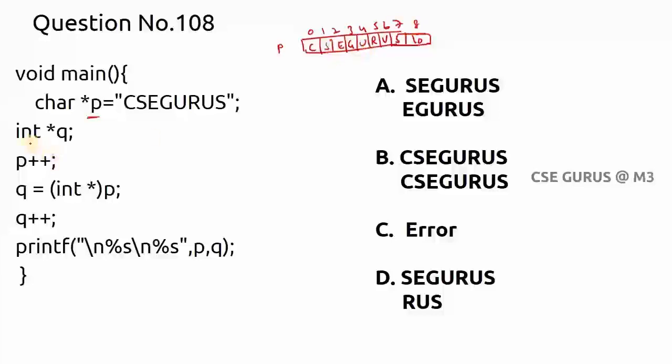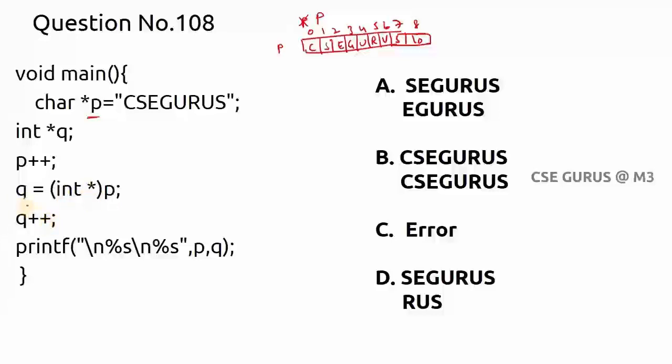Now you can observe the pointer p; the p value is here. Now p++ means the position of p will be increased by 1, so the value of p will be here, and it starts from here. Now if you observe, q equals int asterisk of p.